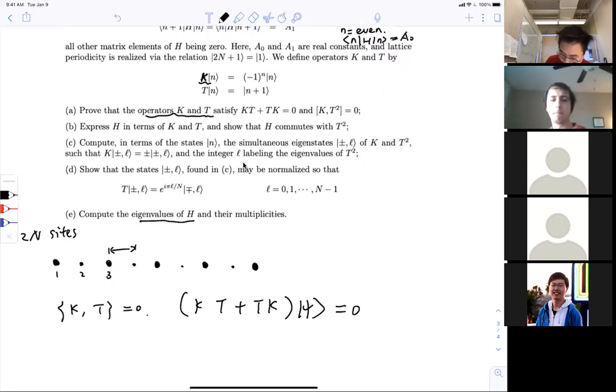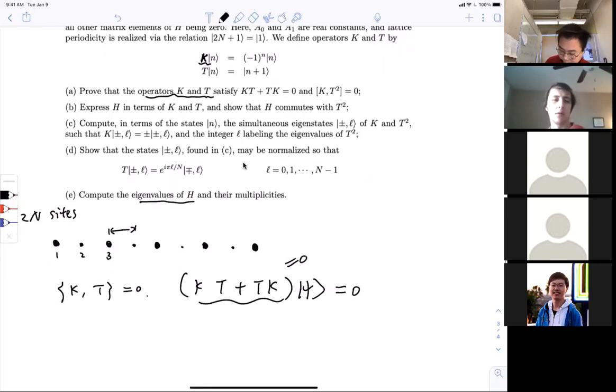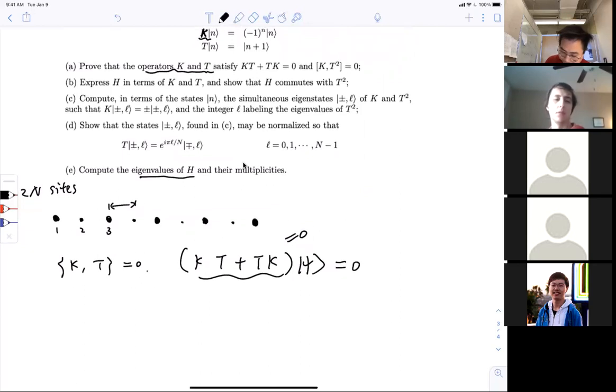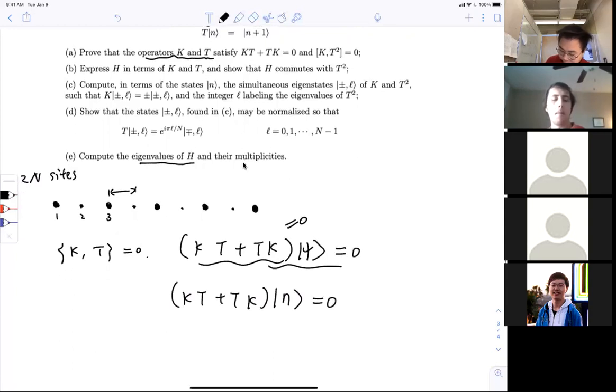This is how we prove operator identities. We only need to prove KT plus TK acting on any basis state n in the Hilbert space gives 0. Then of course it's true for any state.